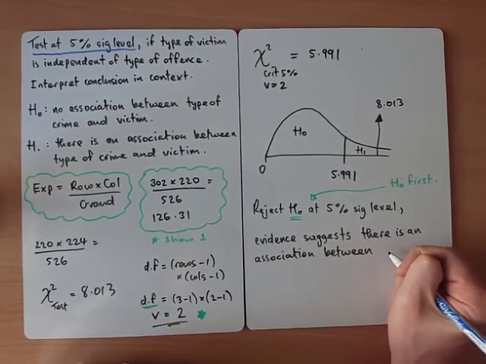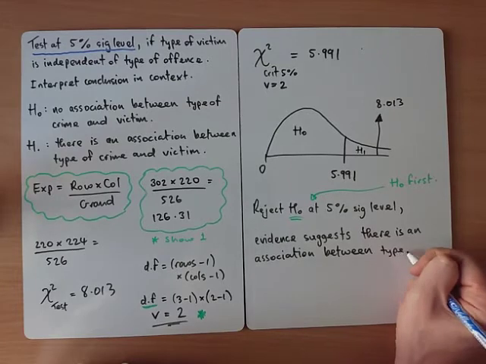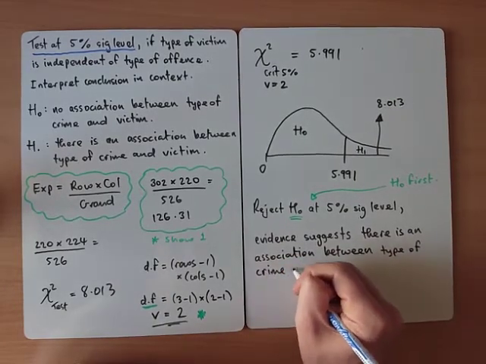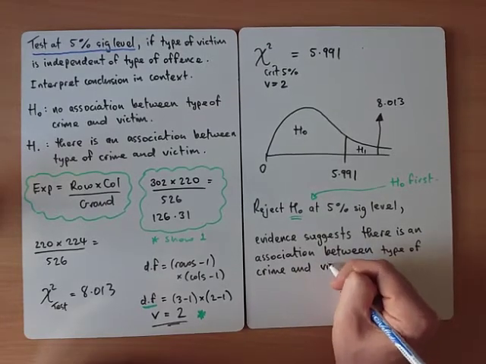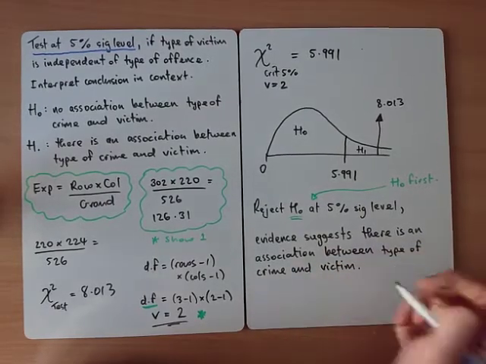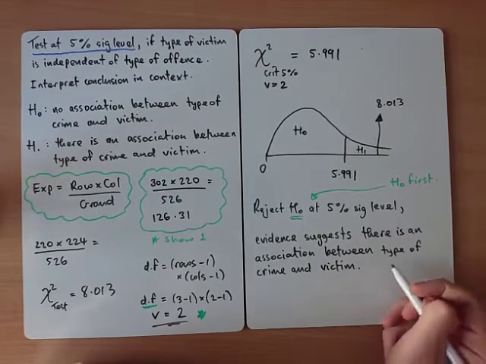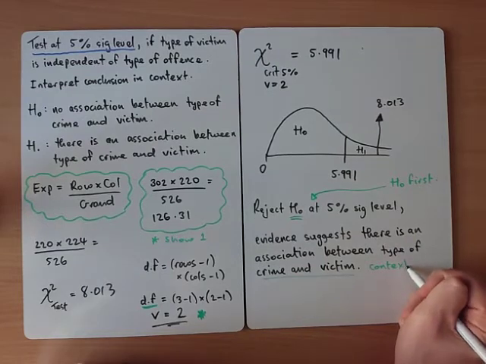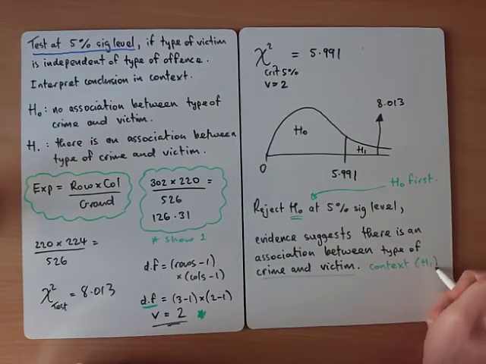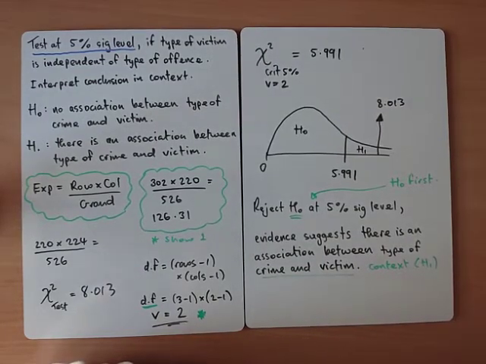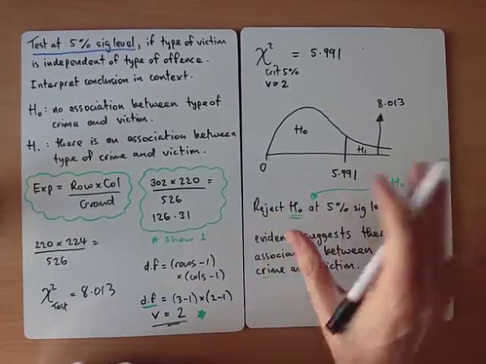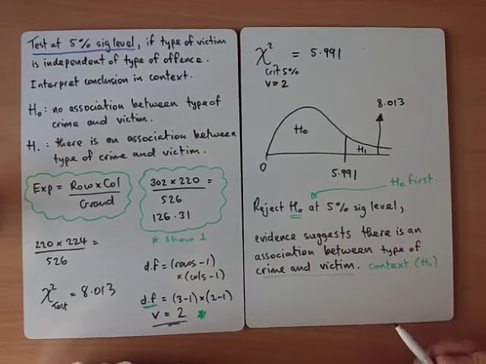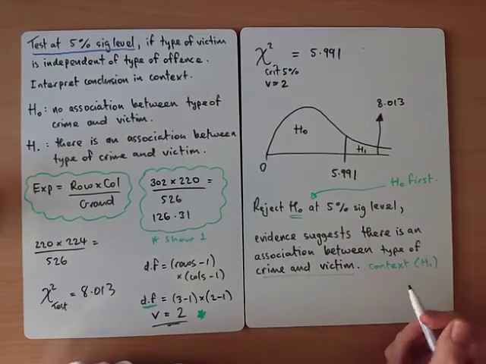So we'll say type of crime or offence and victim. Context. And you want to think about H1. You'll see what I mean with another example, because if the conclusion was the other way around, we'd still start with H0 and then context H1. It's just the best way to set this out.